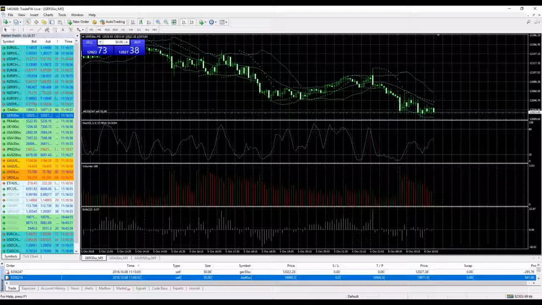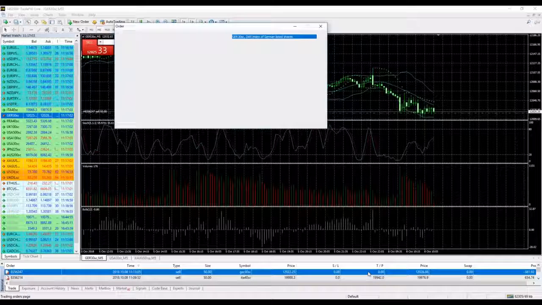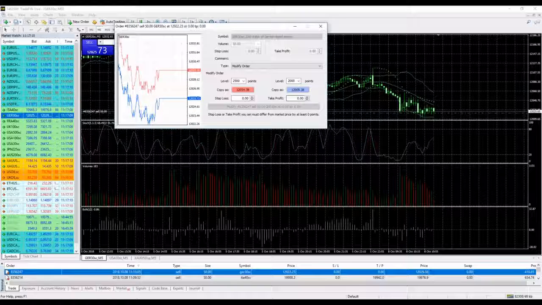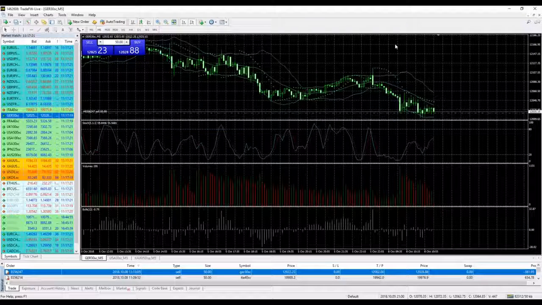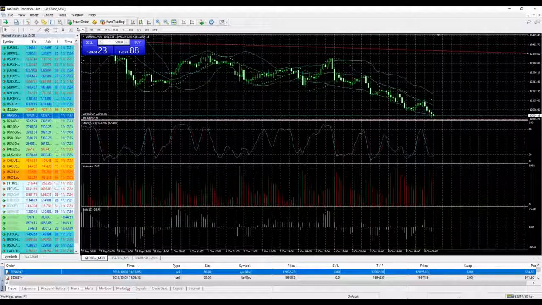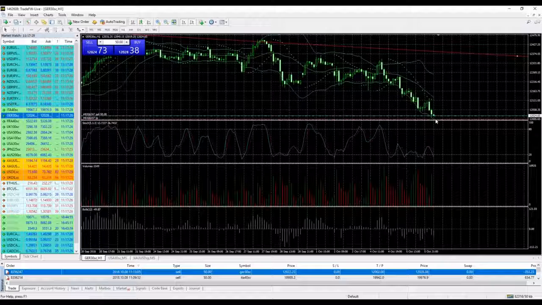Guys, on Italy 40, we are making $1,200. It dropped again. However, let's put a take profit here also. Let's put a take profit at 12,002. If it drops below 12,002, then it's going to be a good one.